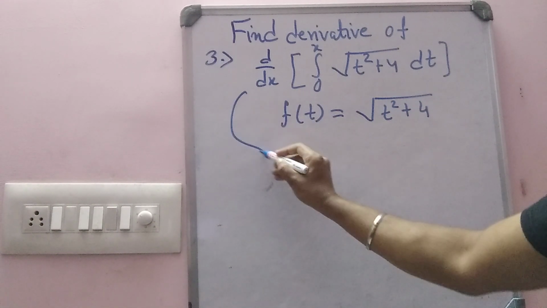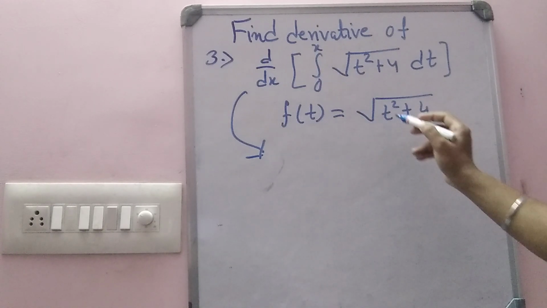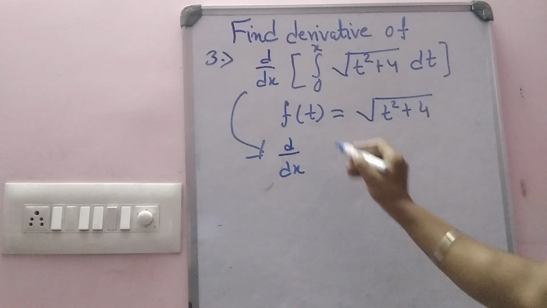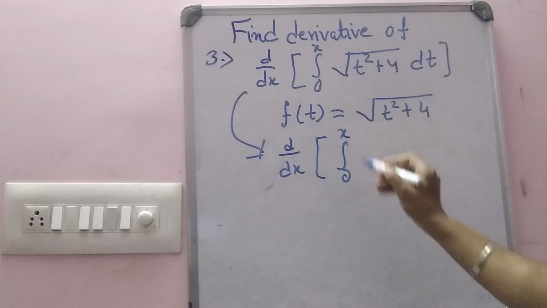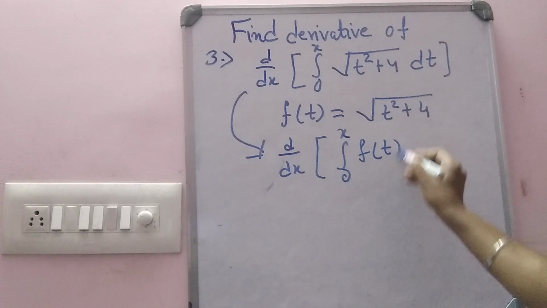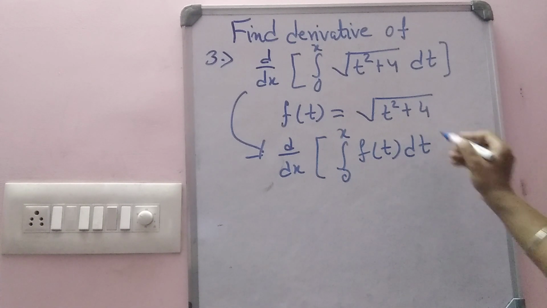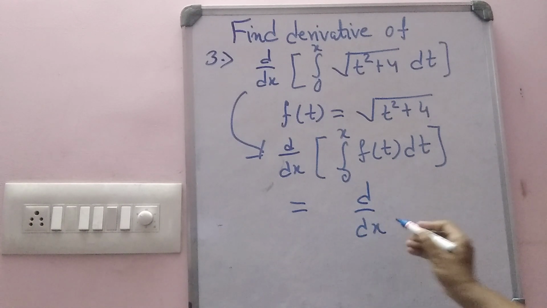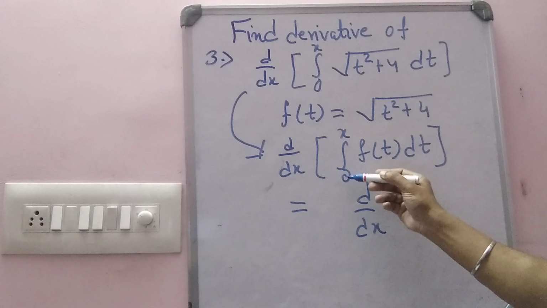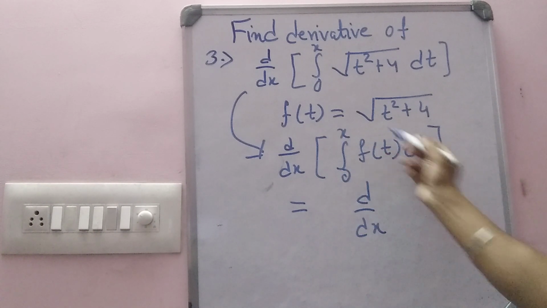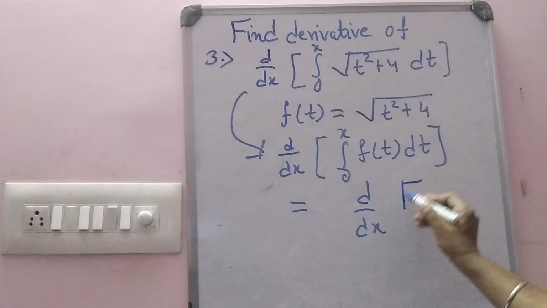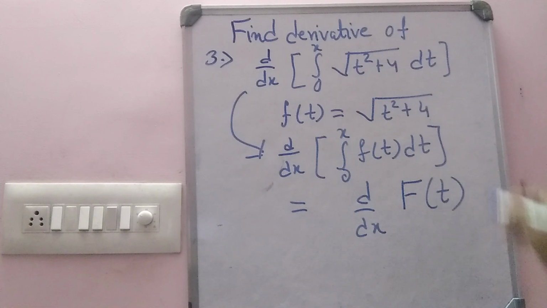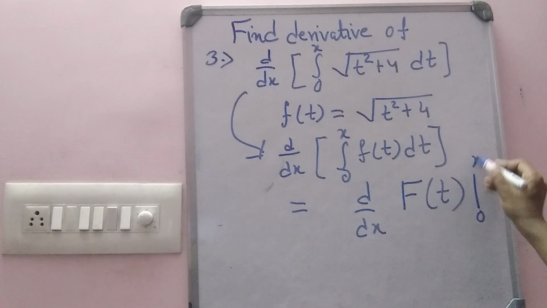So whenever we take this part, d by dx of the integral from 0 to x of f of t dt, you can write the complete integration as capital F of t, since we have already done this integration, with limit 0 to x.